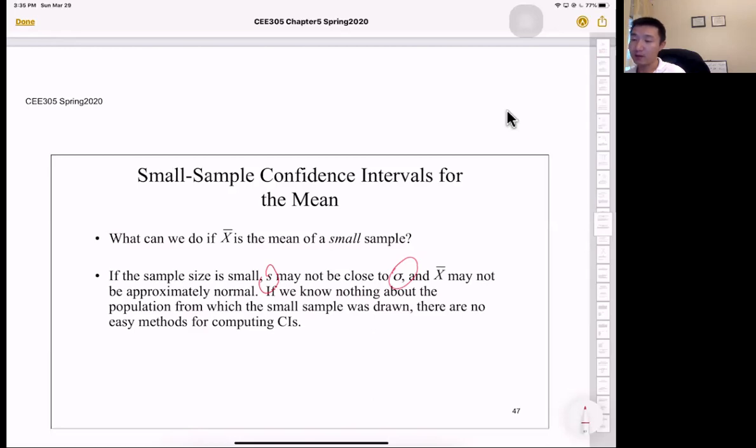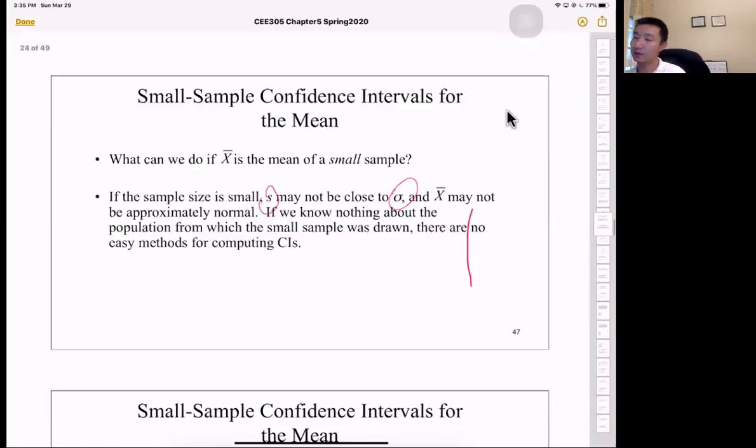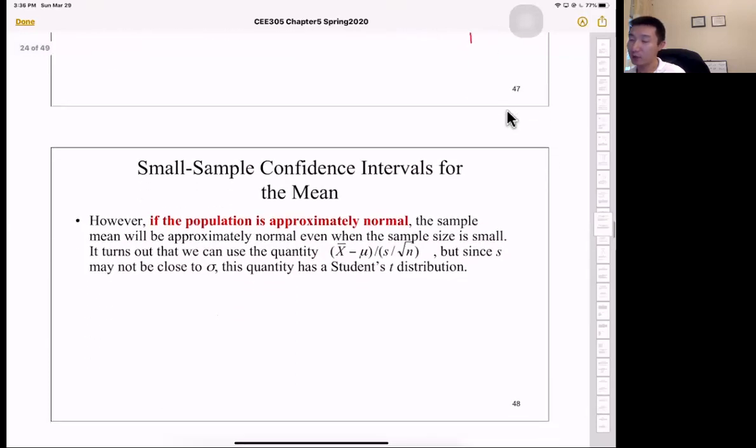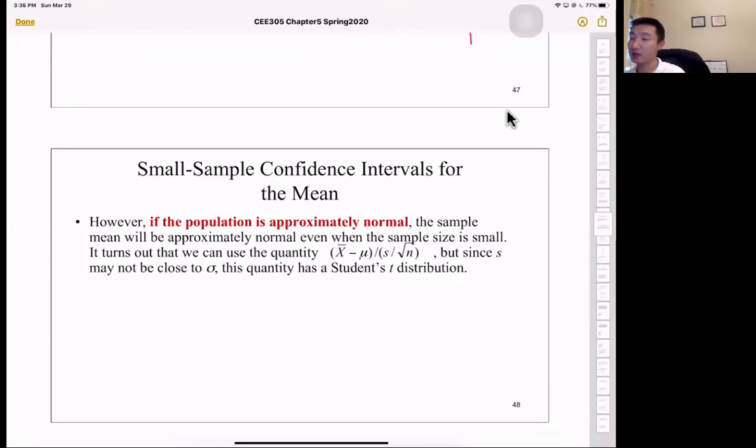If we know nothing about the population, then there's no easy way to calculate the confidence interval. However, if we know the population is normal, then the sample mean is also normal, even if the sample size is small. Then we calculate another parameter.